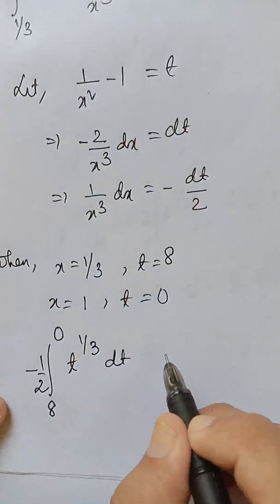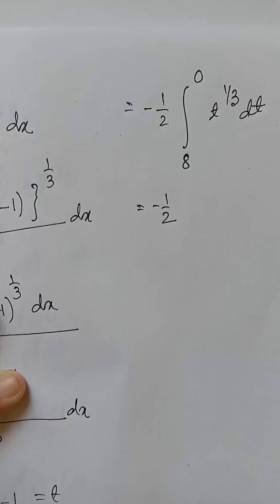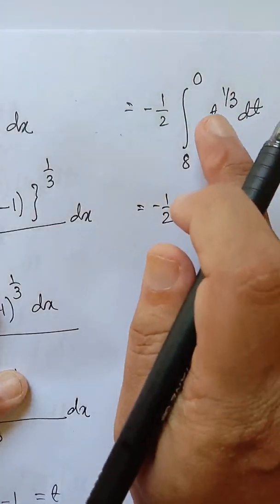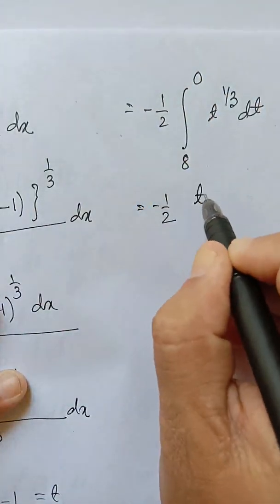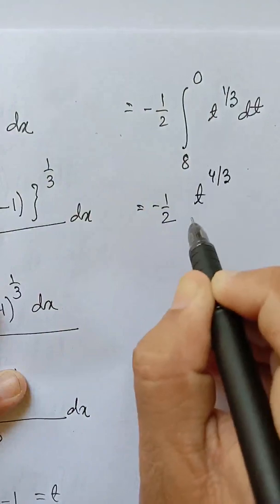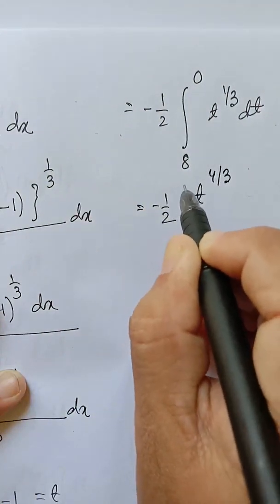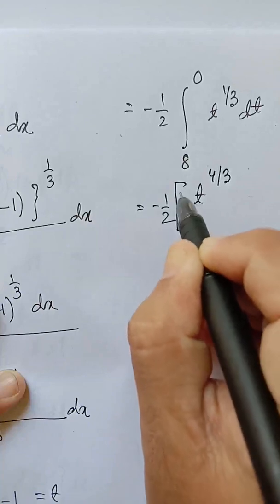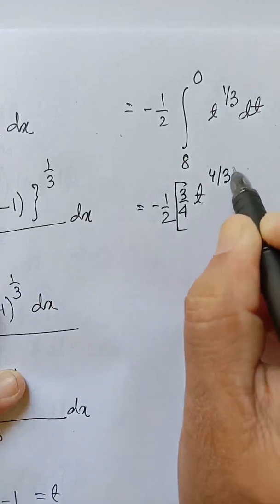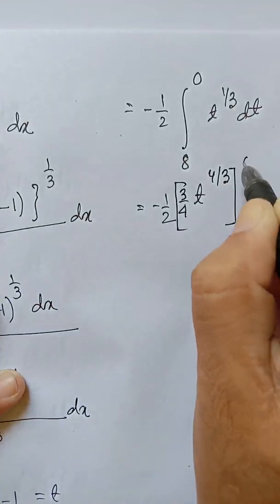Okay, this equal to, now if we integrate t to the power 1 by 3, it will be t to the power 4 by 3 divided by 4 by 3. Divided by 4 by 3 means multiplied by 3 by 4. The limit is from 8 to 0.